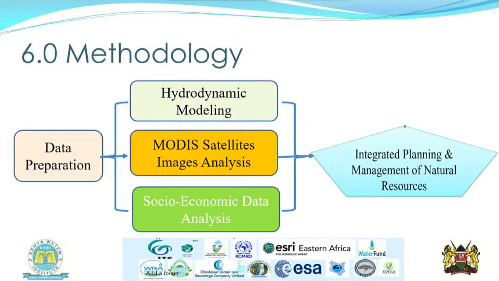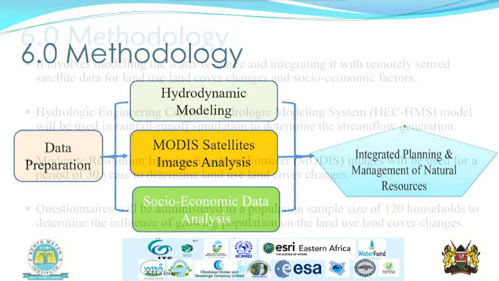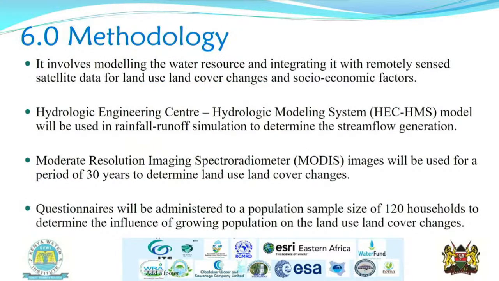So the methodology will involve integrating those 3 major objectives, and that integration will give us an opportunity to plan and manage the water resources within the basin. Now that water is becoming a problem, yet there is a greater need for domestic, industrial, and agricultural use within the basin.